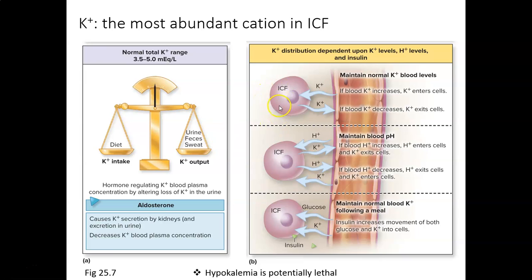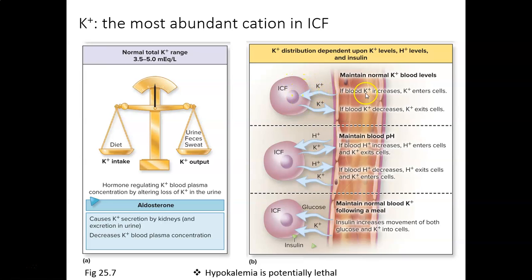Because our cells have a much higher concentration of potassium, and if you remember, 2/3 of the body fluid is in the ICF, if there's any change in the blood potassium, the ICF, the cells, are going to serve as a kind of reservoir.